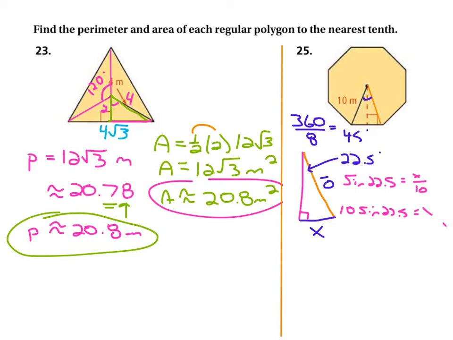That is essentially half of a side. So let's calculate that. 22.5, take the sine of that, and then multiply that by 10. And I get 3.82683, and it goes on and on.